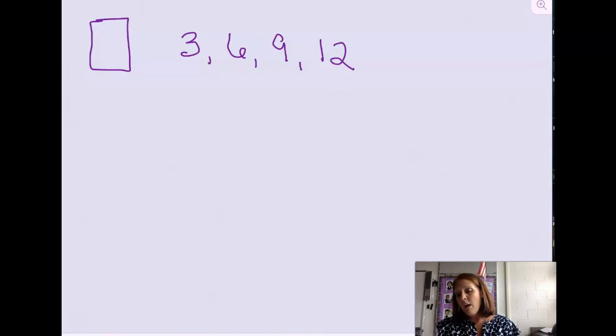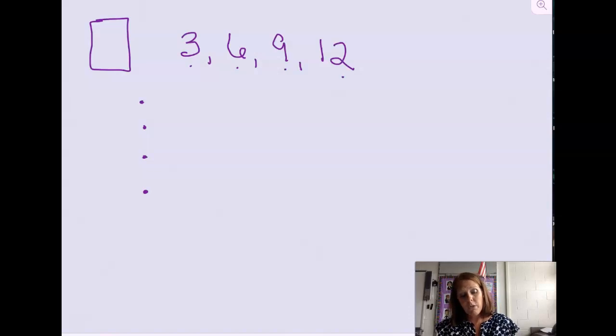Now, we're going to draw an array to match our count that we just did, where the number of our rows represents the number of groups. If we count our groups, we have 1, 2, 3, 4 groups. That's how many rows we're going to have. Now, how many columns will we have?